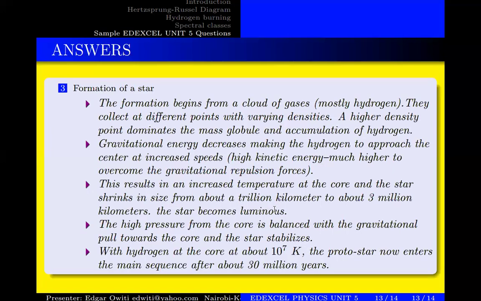And then, of course, the last question was talking about explanation of the formation of a star. So in the formation of a star, there are certain key points that somebody must remember.